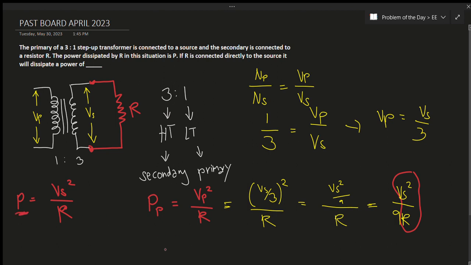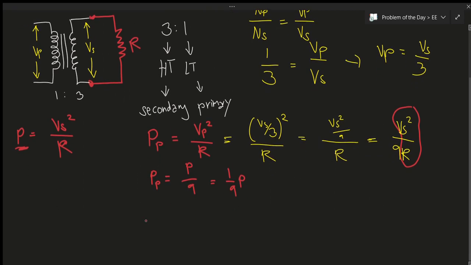So we're going to substitute P for that Vs squared over R. So Pp, or power dissipated by R at the primary, is equal to P over 9, or 1/9 of P. Therefore, the power dissipated by R connected directly across the primary will be 1/9 of the power dissipated by R connected across the secondary. Hence, this should be our final answer.